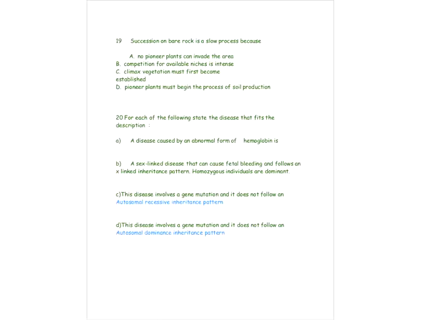Screen number 20. And after 21 we're done. So, okay, succession on bare rock is a slow process because, so why would it be a slow process on bare rock?